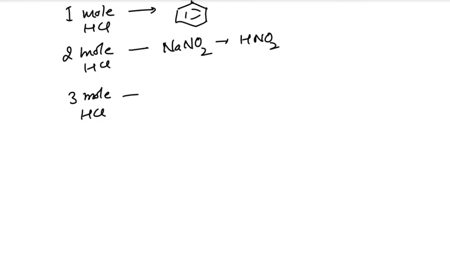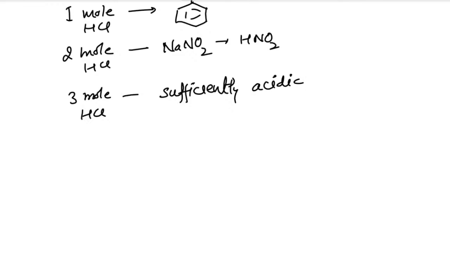Aniline is converted into aniline hydrochloride. Otherwise, the diazonium salt would form a coupling with aniline and form azo dye, which we will discuss in the next case. So the third mole is required to make the solution sufficiently acidic.